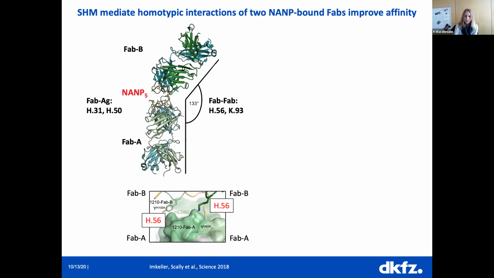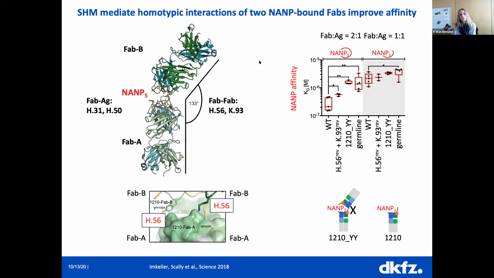And to test this, Steve used ITC measurements, and he could show when he compared the wild type antibody and a mutant that he generated, which did not allow these residues to interact and to mediate these Fab-Fab contacts, that then binding to an NANP5 mer peptide was inhibited, whereas binding to an NANP3 peptide, which allows binding of only 1 Fab here, then this mutation had no effect on the binding compared to the wild type.